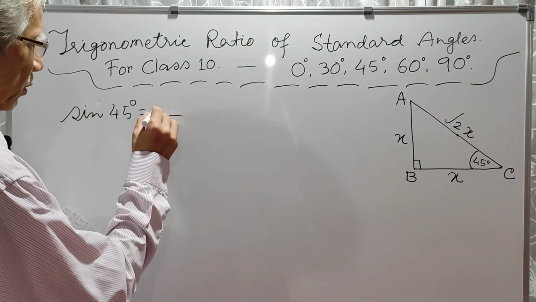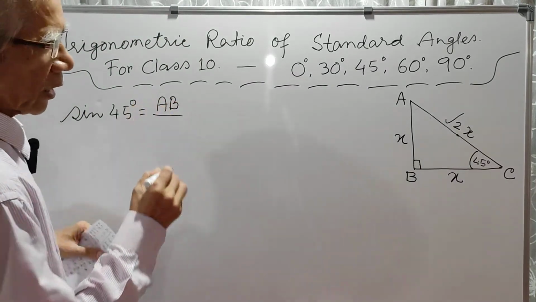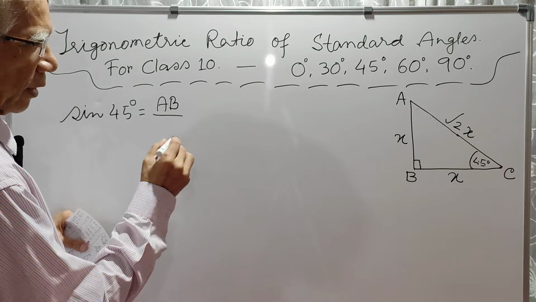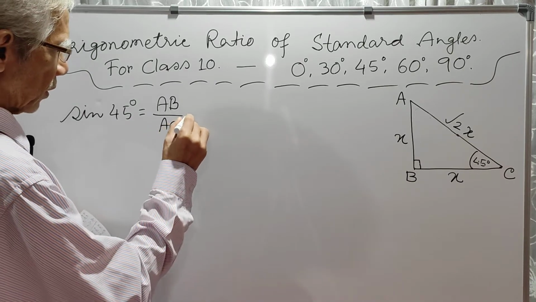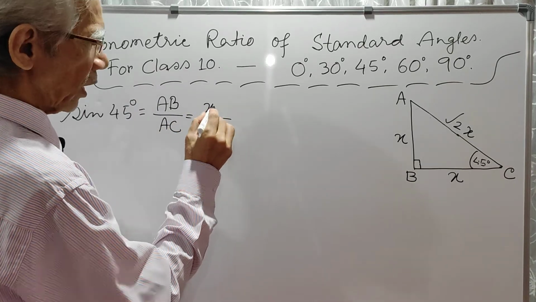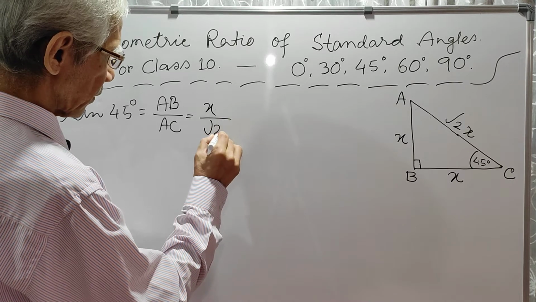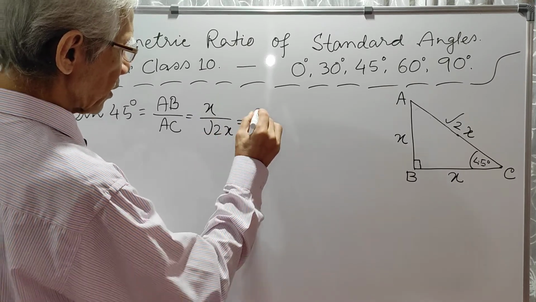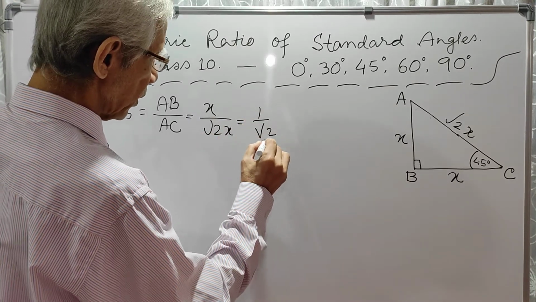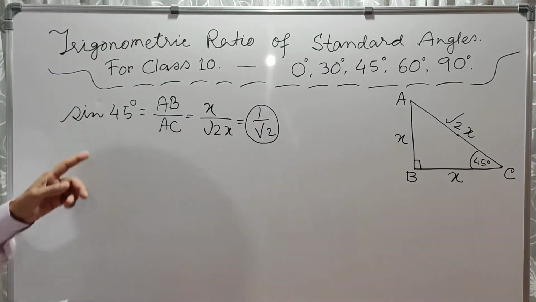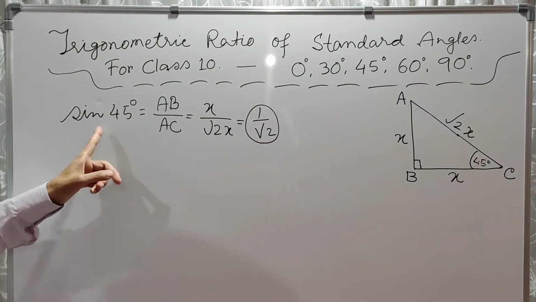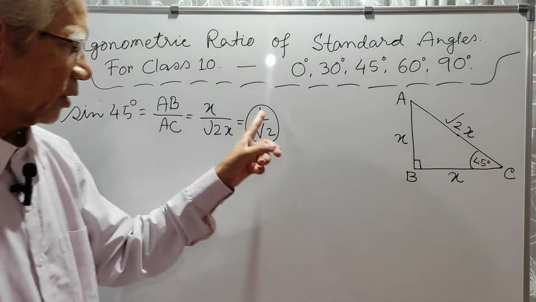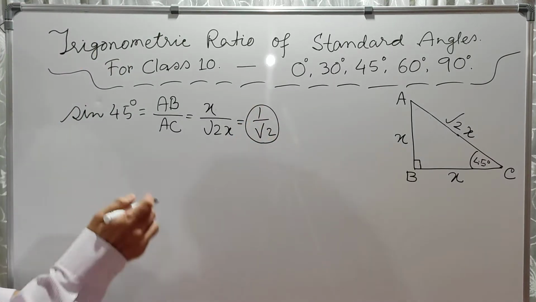Opposite is AB, hypotenuse AC. Now AB is X, AC is root 2x. So therefore X, X cancel, what you get? 1 by root 2. Now this is the value of sine 45 degree. So sine of 45 degree is 1 by root 2.